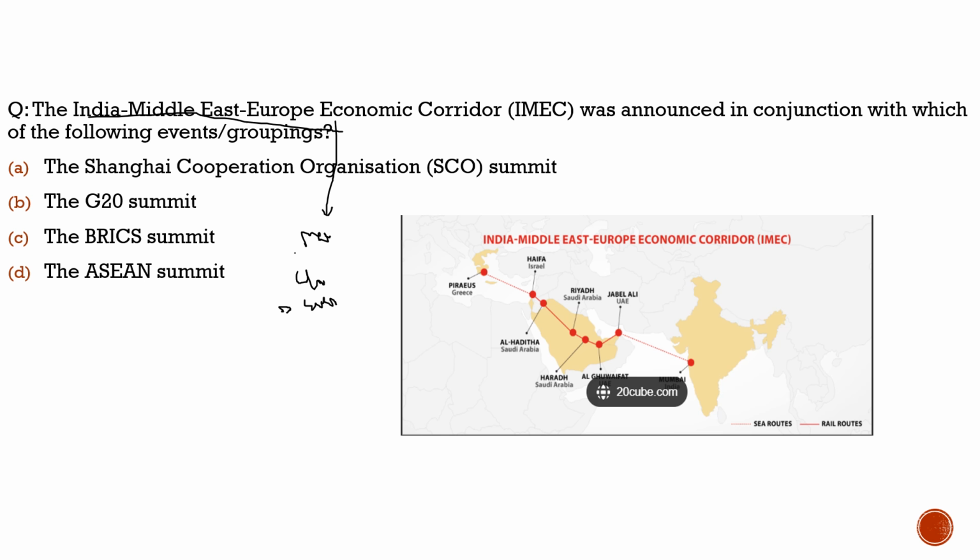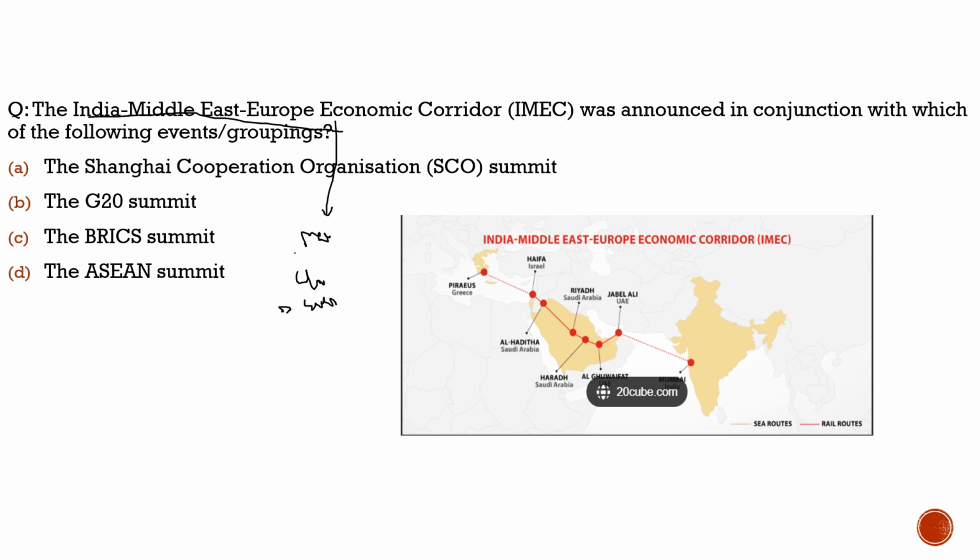So these are the various countries through which it will pass. USA is involved, France is involved, Jordan is involved. It is a multi-project in which various countries are involved, and it is the best alternative to the Suez Canal.